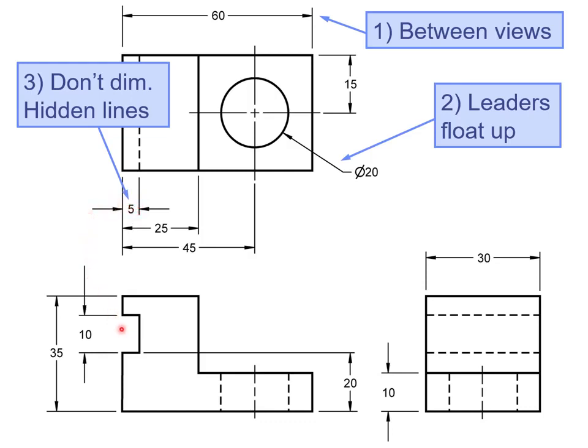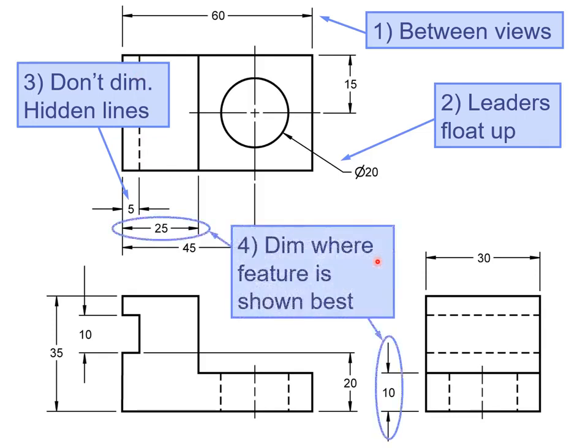It's dimensioning the depth of the slot. So this hidden line lines up with the slot. So we're going to bring this 5 down here. Yes, it's going to be lonely. It's not going to be part of the group, but it just looks cleaner, dimensioning the feature that we can physically see as an object line versus a hidden line that we cannot see unless we turn on our X-ray vision.